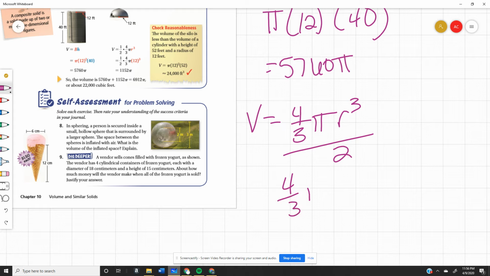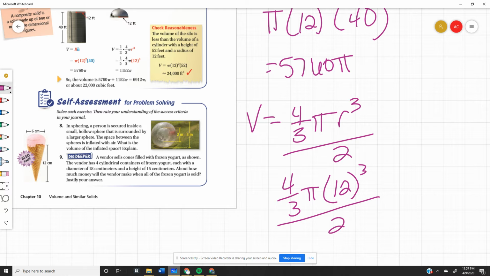So 4/3 pi times 12 cubed divided by 2. They did it times 1/2. Doesn't make a difference. Divided by 2 and times a half are the same exact thing, right? 8 divided by 2 is 4. 8 times a half is 4. Multiplying by a half and dividing by 2 are the same thing.